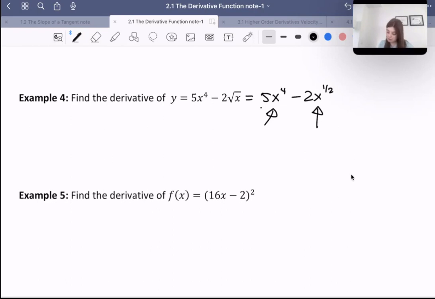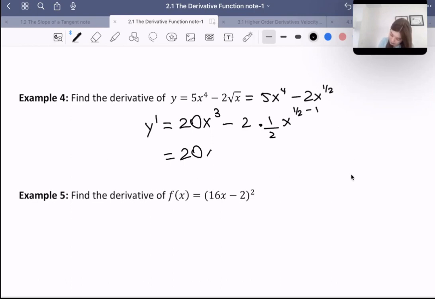We have two separate terms. And what we do when we have two separate terms that are just being added or subtracted is we can just use the power rule twice, once for each term. So for the first term, I'll say this is equal to 20x to the power of 3, right, for the 5x to the power of 4. And for the second one, it would be 2 times a half x to the 1 half minus 1.